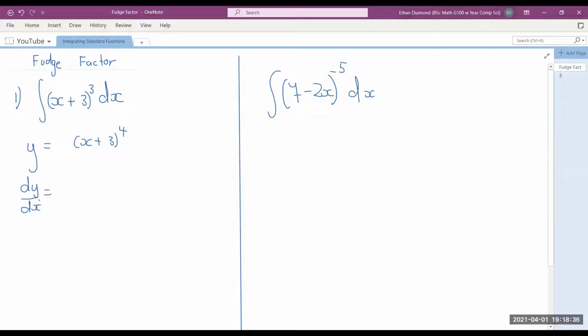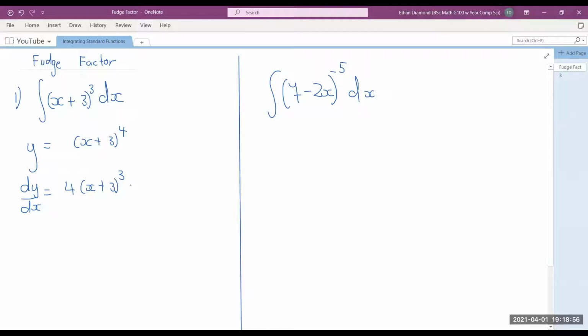I'm not going to explain the chain rule. I'm just going to do it. So the power comes to the front, you differentiate the thing in the bracket, and you decrease the power by 1. If you want more information on how to do the chain rule, leave a comment below, and I'll be more than happy to do a video about the chain rule.